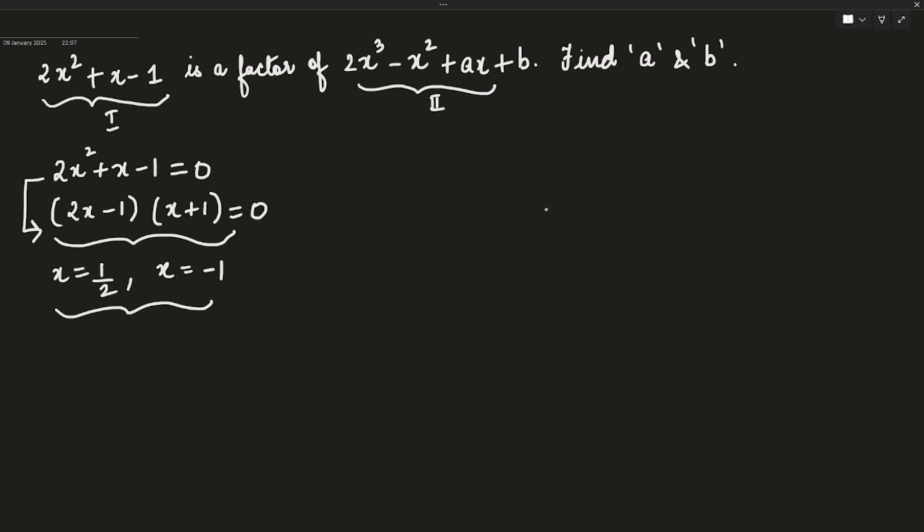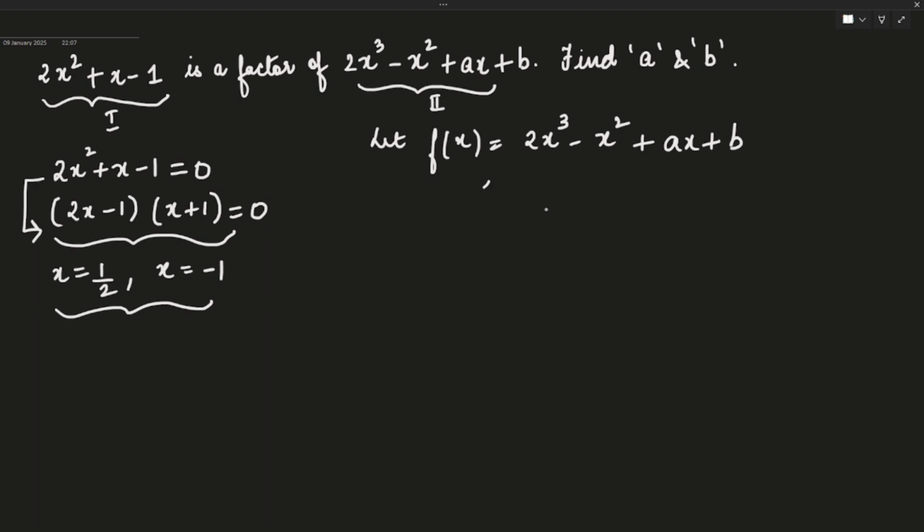By factor theorem, when the first polynomial is a factor of the second polynomial, then the value of the variable at which the first polynomial equals 0, when put in the second polynomial, gives 0. Let f(x) equal 2x cubed minus x squared plus ax plus b.